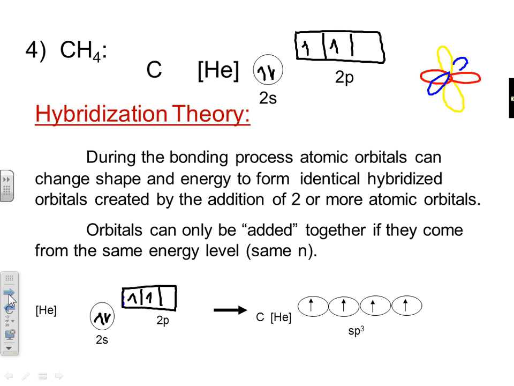And then as the hydrogen atoms are approaching the carbon to form bonds, the carbon hybridizes. It starts out as a regular atom, like we know, and as the hydrogens approach, they form hybrid orbitals.